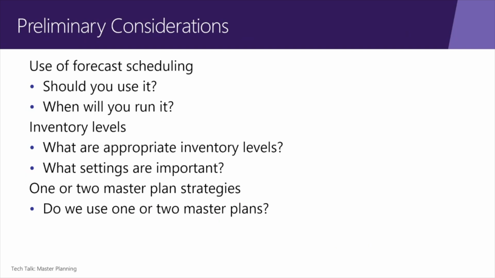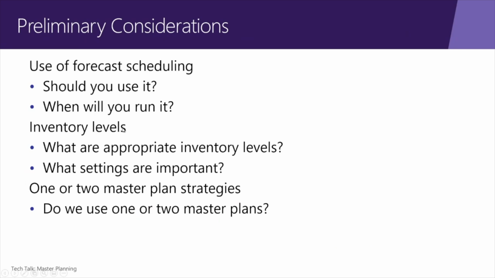Or you need to basically do some forecasting because you don't have enough time and customers are only placing their orders a few days in advance. So that's where you have to think through whether you want to do forecast scheduling and input a forecast to the system or not, because master planning will then use that forecast for generating the planned orders.